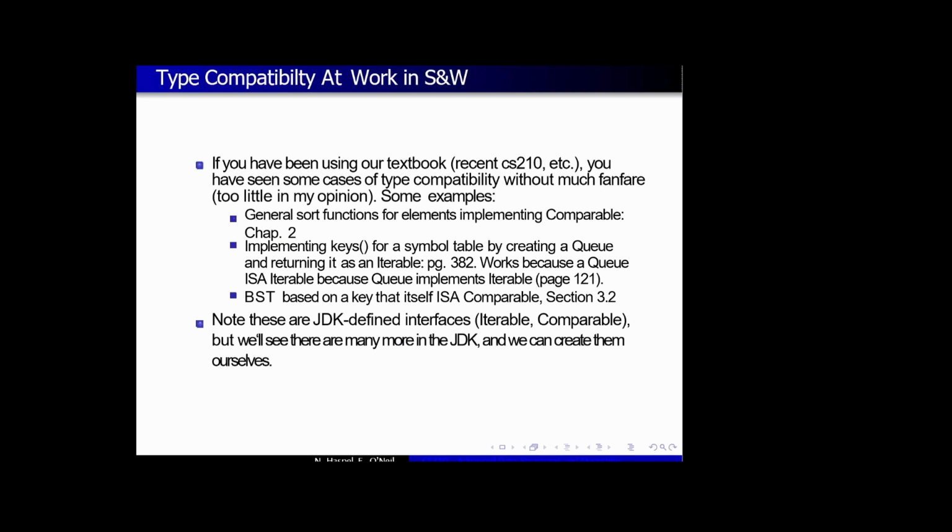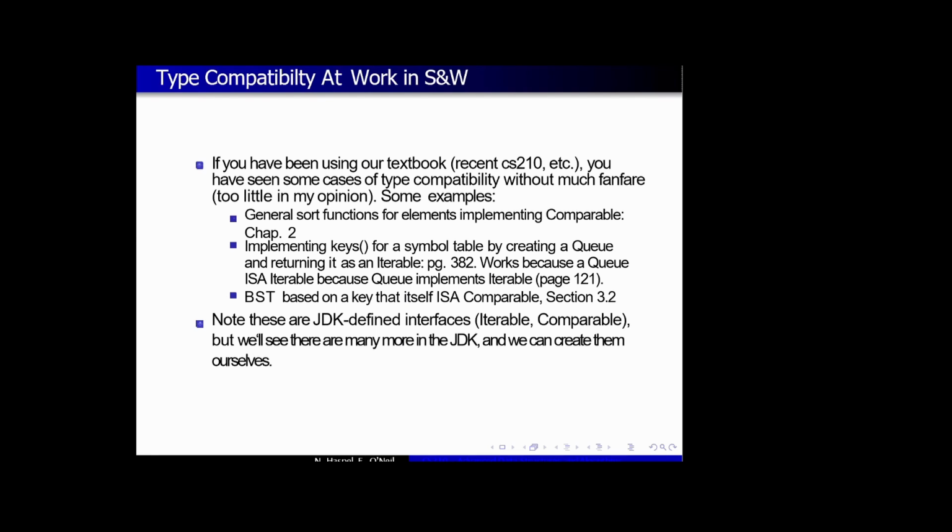And another one is more specific, but I think you might possibly have been confused by it if you tried to understand it before. There's this code for keys for a symbol table, on page 382.